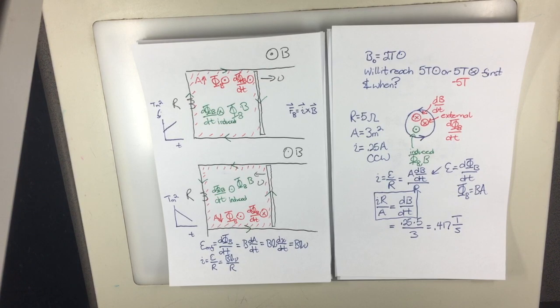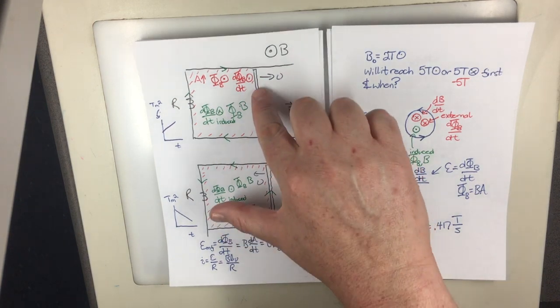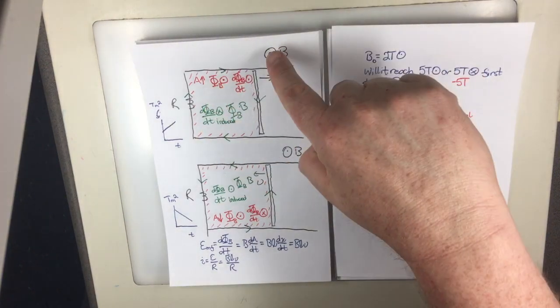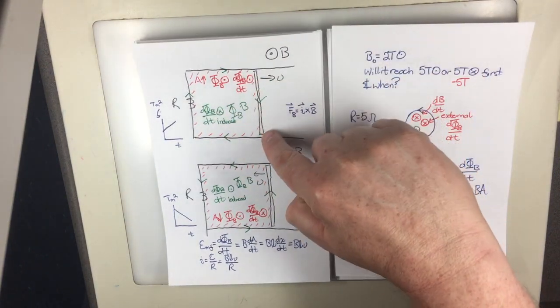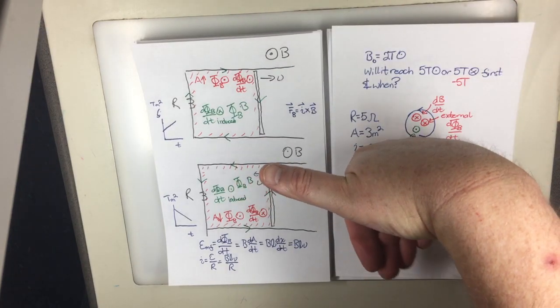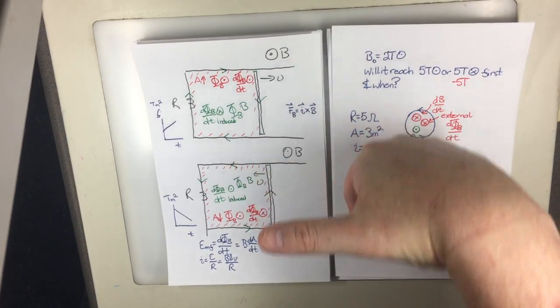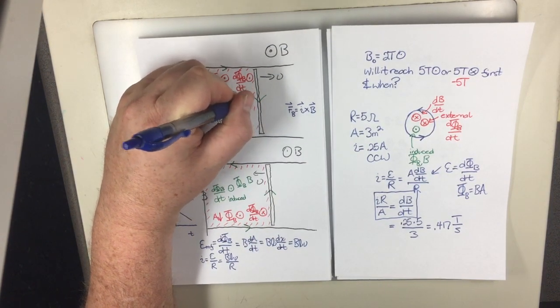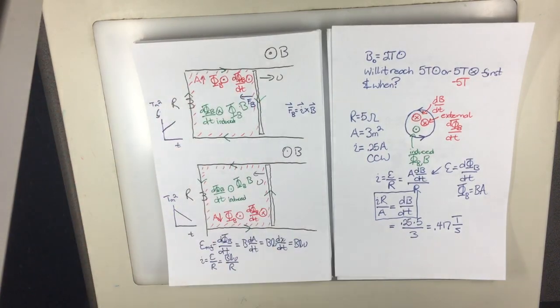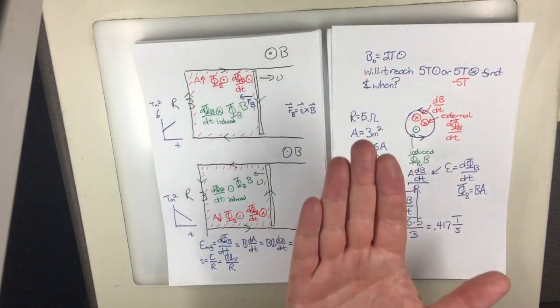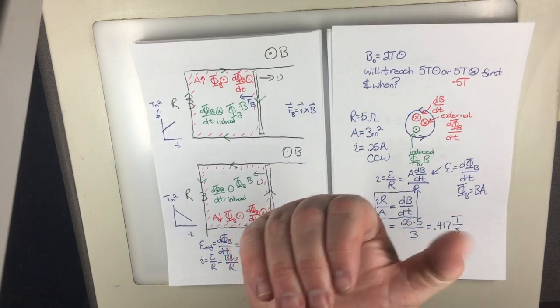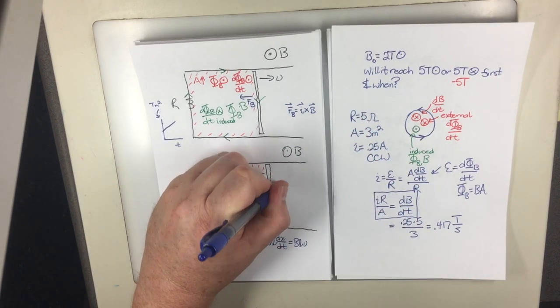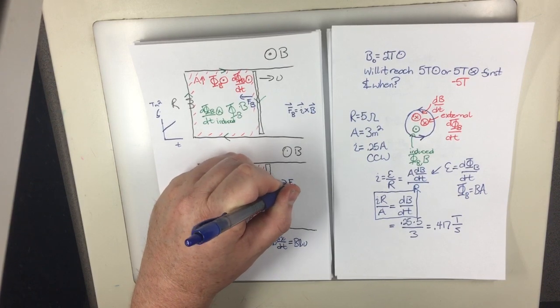As written, that's a direction equation; I'm not going to get any numbers out of it. So for the top, the B field is out, the current is top to bottom, so I cross B is out, so the magnetic force is left. Here, I is to the top of the page, B field is out, thumb points right, so the magnetic force points to the right.